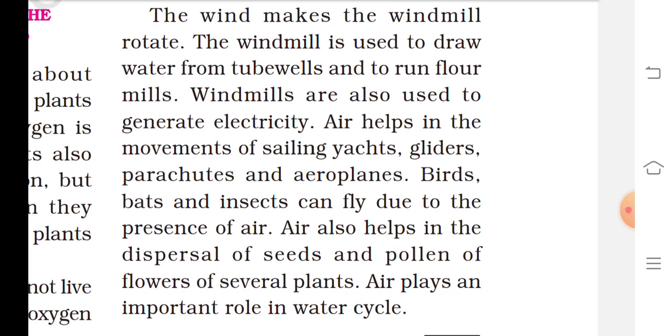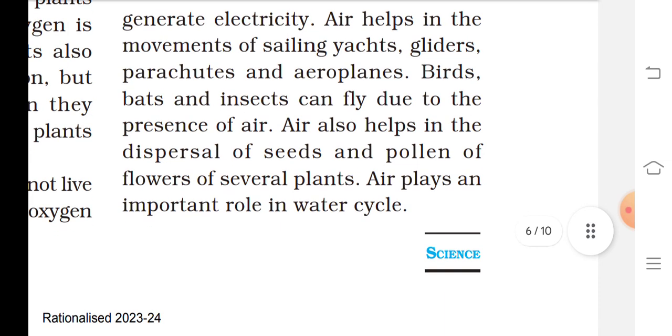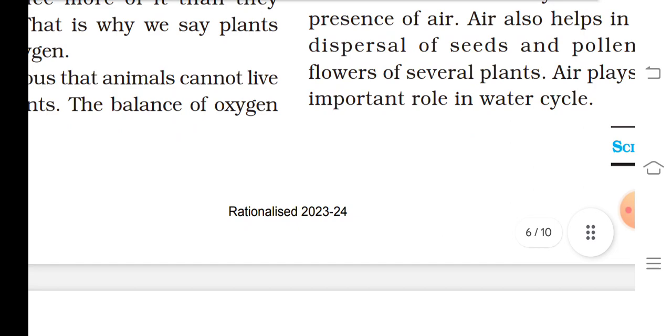Air helps in the movement of sailing yachts and gliders. Parachutes and aeroplanes fly, and birds, bats, and insects can fly, due to the presence of air. Air also helps in the dispersal of seeds and pollen of flowers of several plants. Air plays an important role in the water cycle.